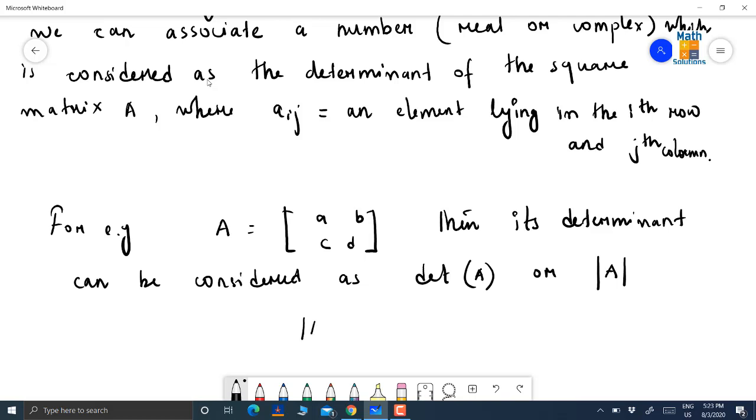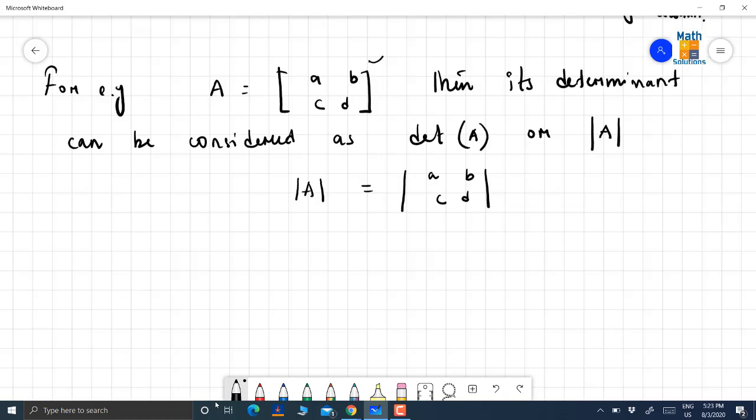So determinant of A is equal to, this notation will be converted to this form, A, B, C, D. So this is known as a determinant of order 2.